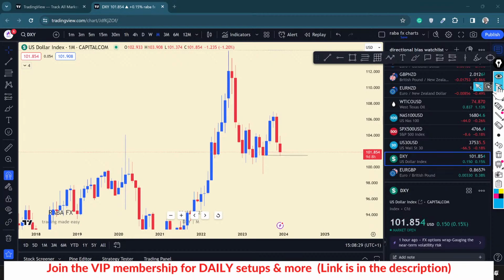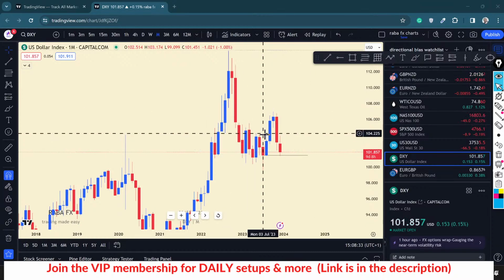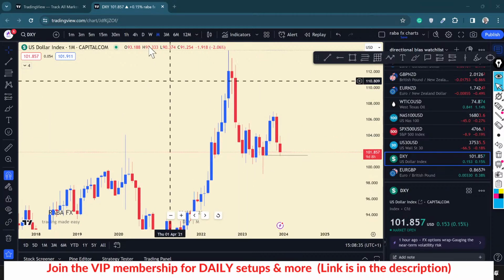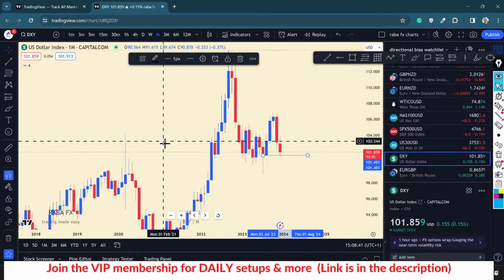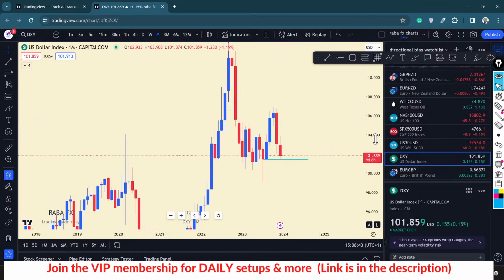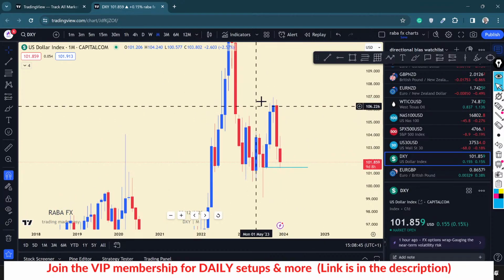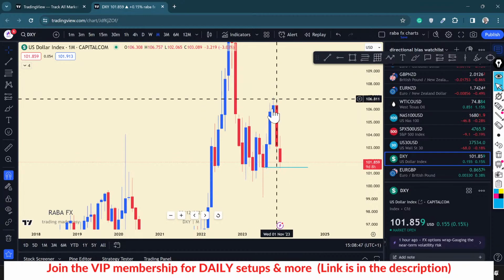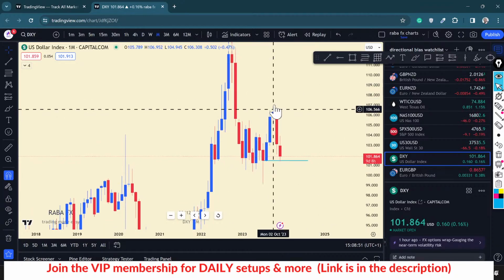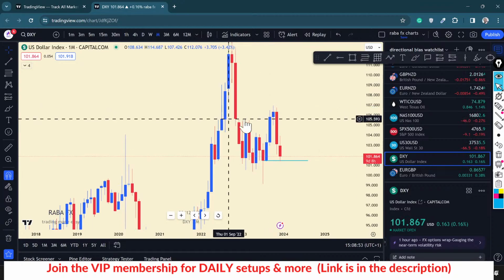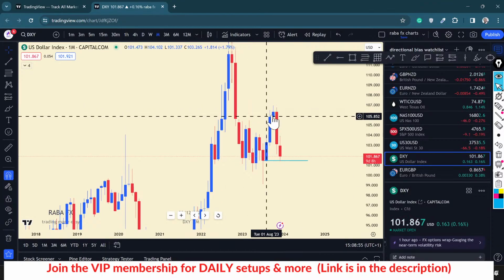All right, so now we are looking at the strength of the US dollar. We notice that the market came from this top, but on the monthly, as I said, this push up didn't come from the opening price.